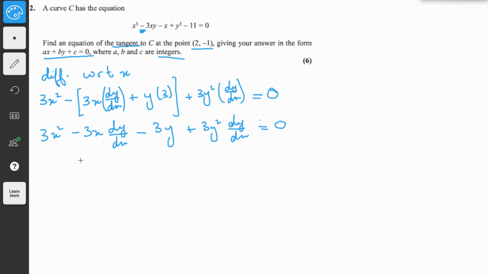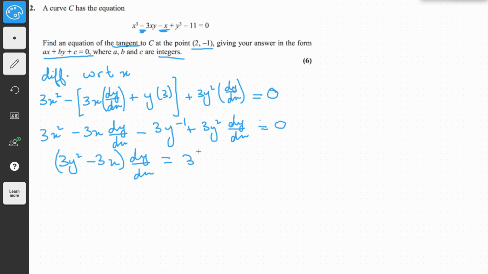So I'll have 3y squared minus 3x, and then dy/dx is common for them, equals... wait, I missed a term here, I think. Yes, I did. We have negative x also, so when we differentiate negative x, we get negative 1. I did not put that in the equation, so we just have negative 1 here as well.